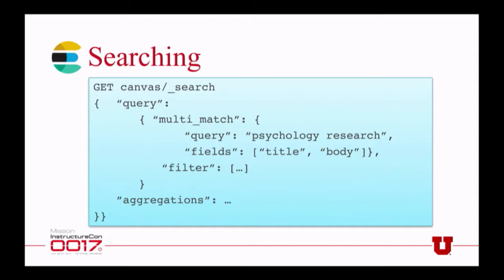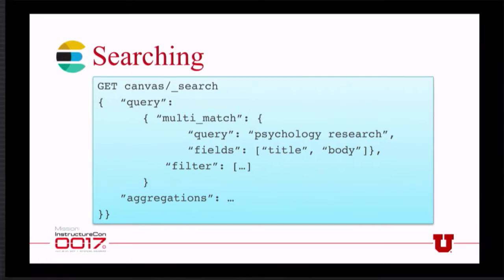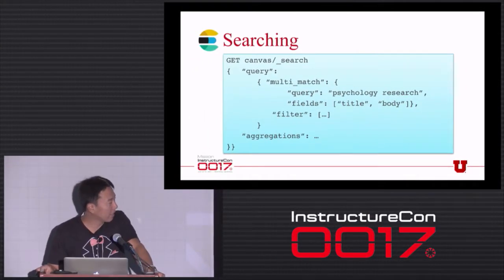Instead of simply passing a keyword to Elasticsearch, since it provides a lot of enhancements when we search, it accepts a JSON document as the search query.